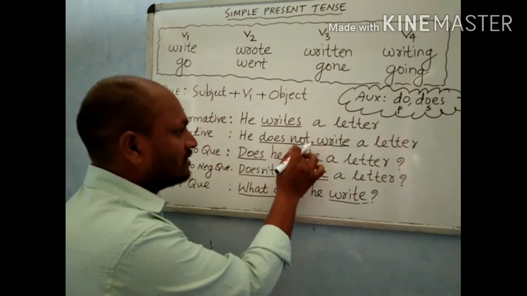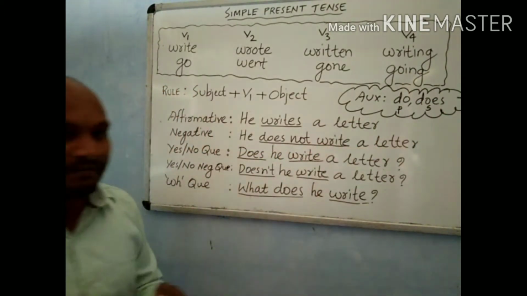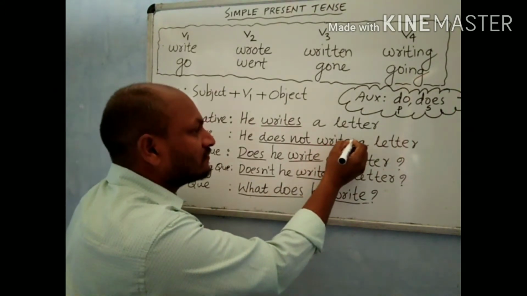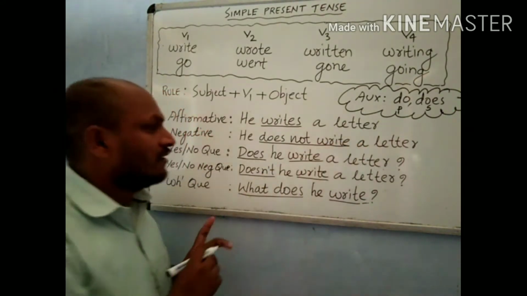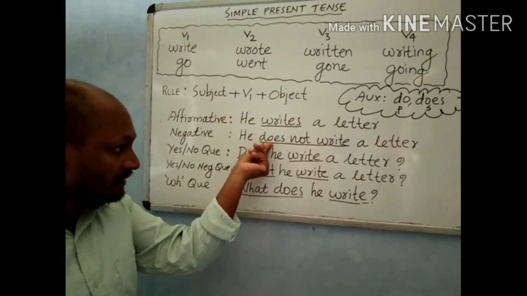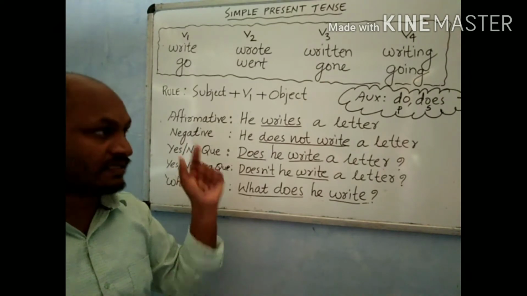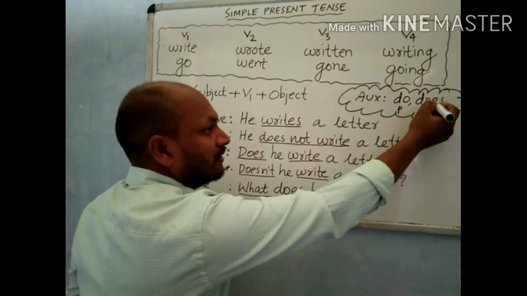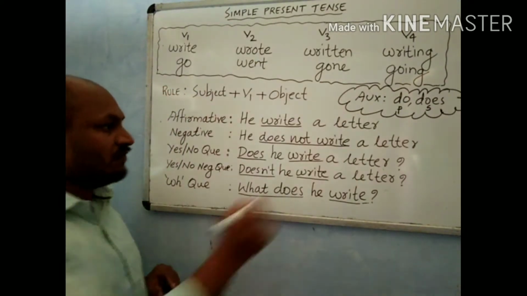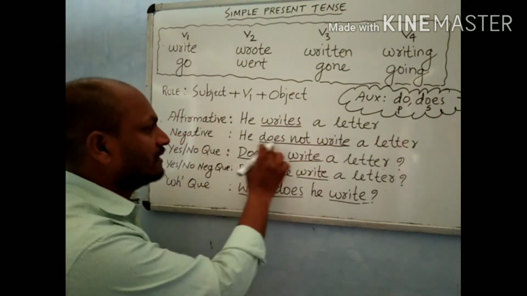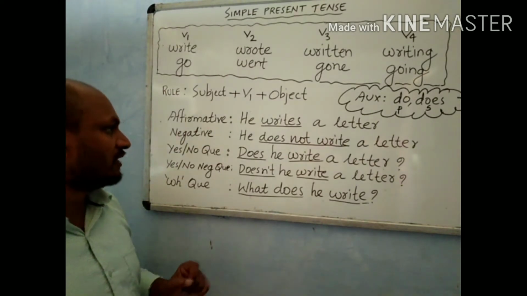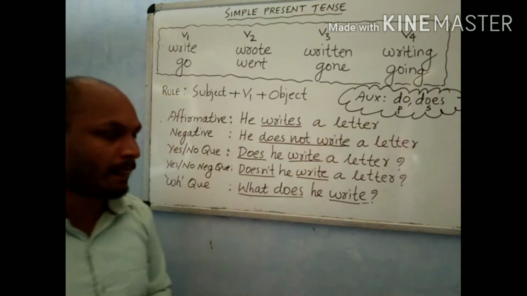He does not write a letter. Be careful, we will not repeat the s here, as we have already added does. Does means we already added do plus s. So we will not repeat s here. He does not write a letter. This is the negative sentence of he writes a letter.